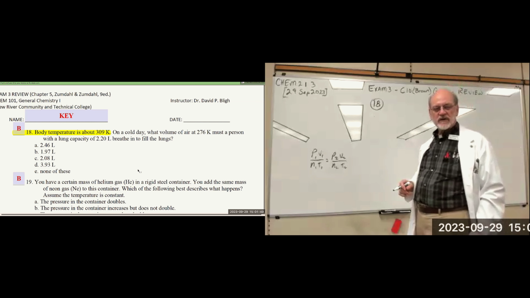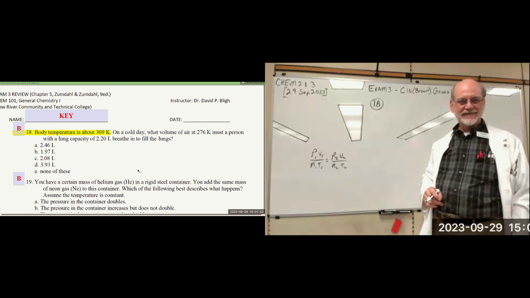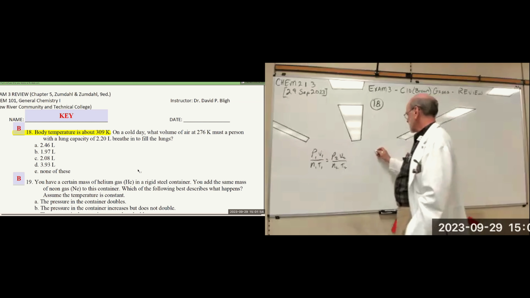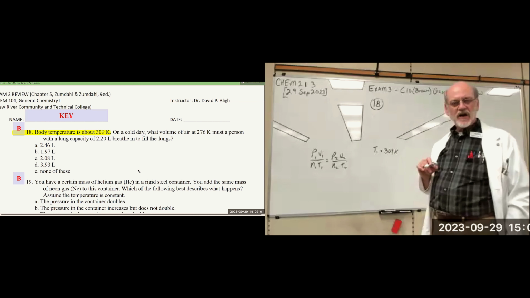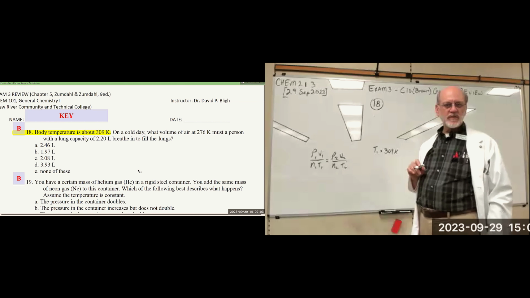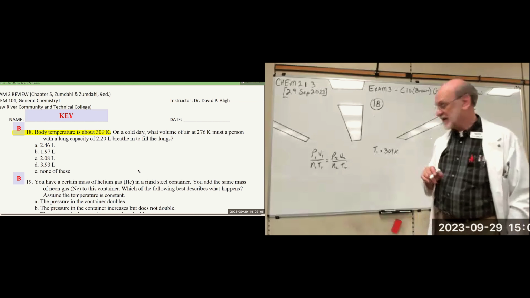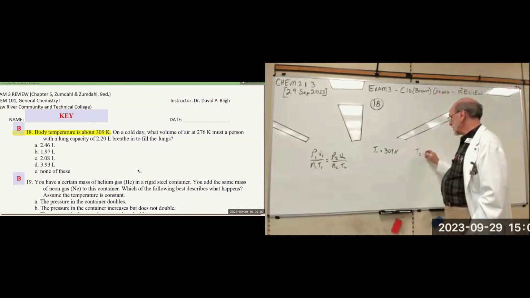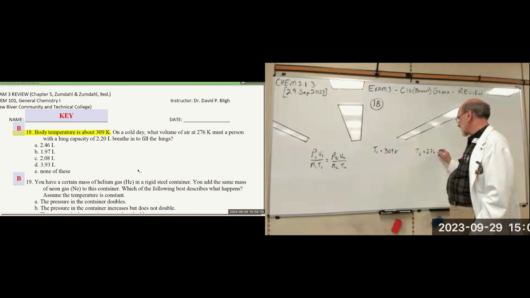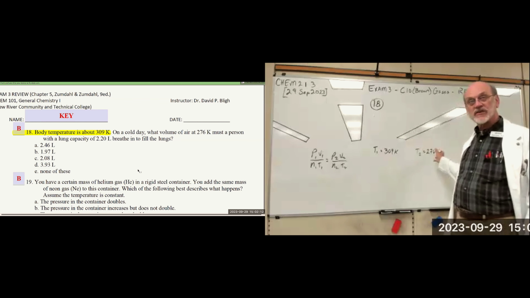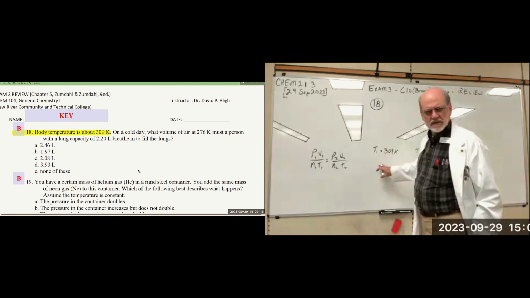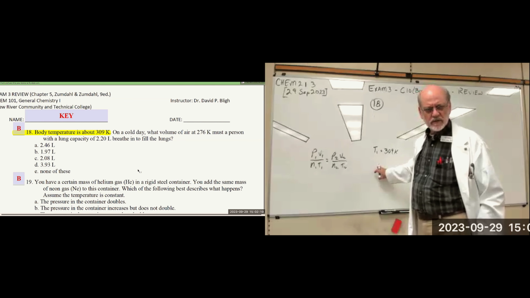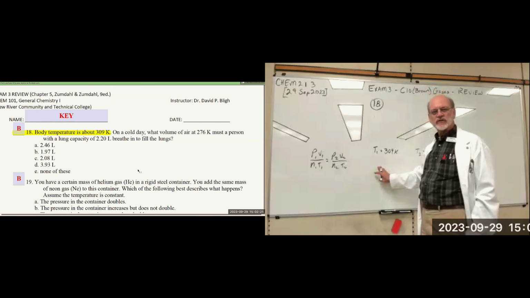Body temperature is 309 K. So let's say temperature 1 is 309 K. On a cold day, what volume of air at 276 K? So T2 is a different temperature, 276 K. Right, that's outside your body. This is inside your body. What volume is associated with this one, with a lung capacity of 2.2 liters?